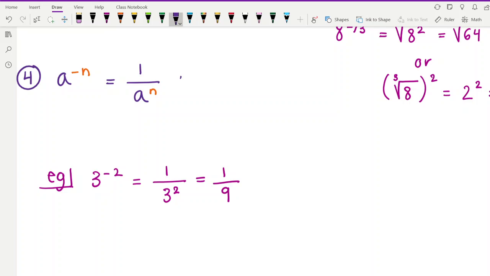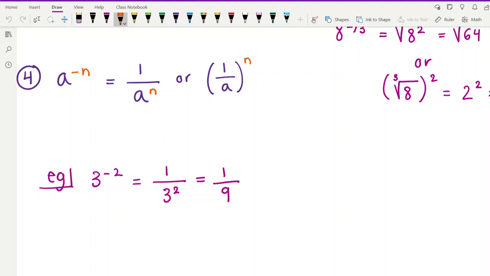Another way of writing this would just be 1 over a to the n, the whole thing. Right? Can you see how those are equivalent, right? If you have 1/2 cubed, that's the same as 1 over 2 cubed. So these two things are equivalent.